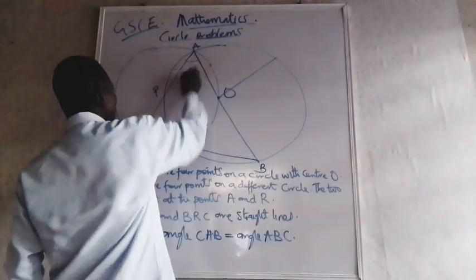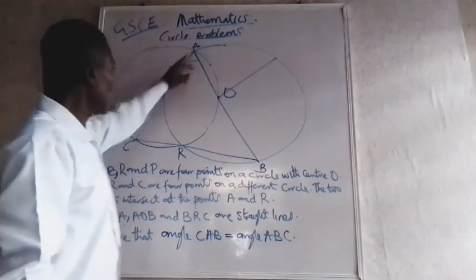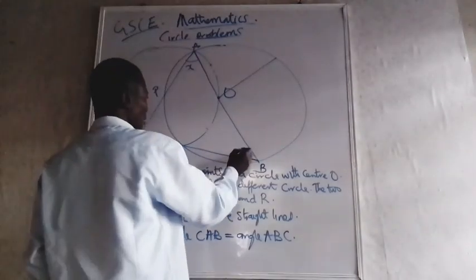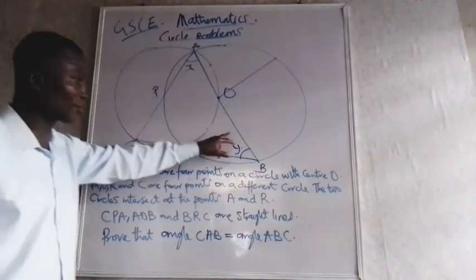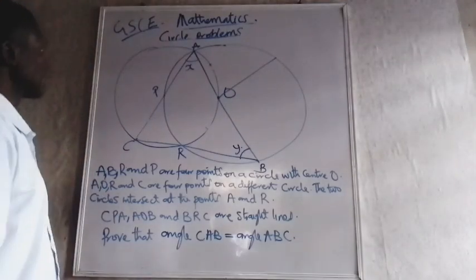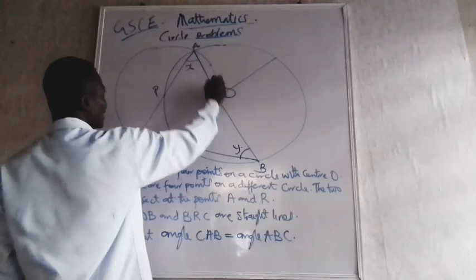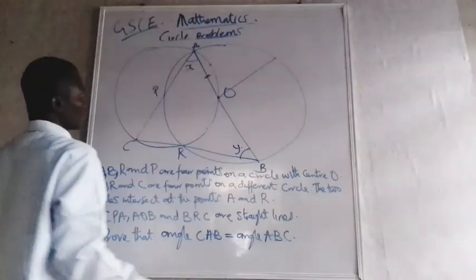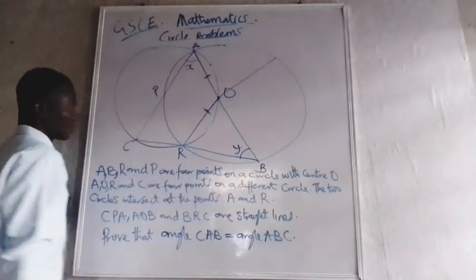CAB here, let's call this place X. They are telling us that it's equal to angle ABC. So let's call this place Y. So we have to prove that angle X equals angle Y. Now, since this place is the center for this circle here, we can see that this place is the radius. So this one too here will be the radius.